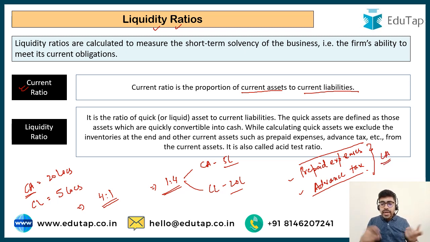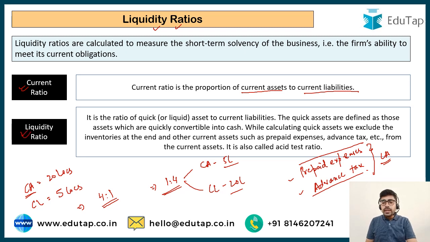Now they have already been paid. You are not going to realize them again. So if we have to calculate the liquidity position of the company, it is slightly wrong to consider these as current assets for the purpose of computing the liquidity ratios. So now we compute a better measure of the liquidity, which is the liquidity ratio.